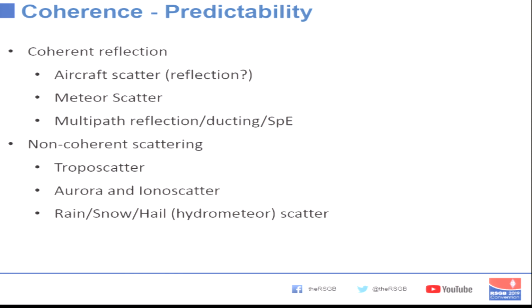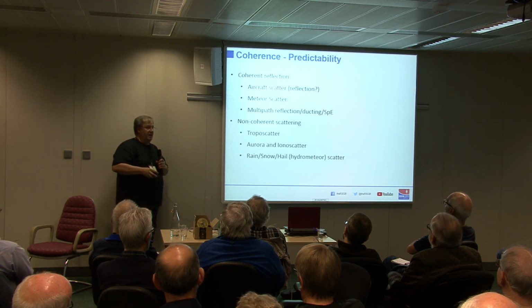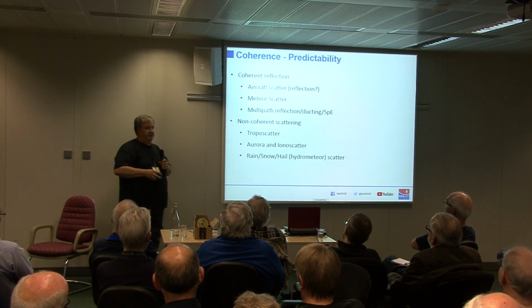So in those, I'm putting aircraft scatter as being reasonably predictable, meteor scatter as being a bit predictable, multipath reflection and ducting and sporadic E, pretty predictable, second to second. Troposcatter, aurora, ionoscatter, and hydrometeor scatter, I think we can say pretty much stochastic processes. You can't say what the phase is going to be in a millisecond's time, never mind in a minute's time.